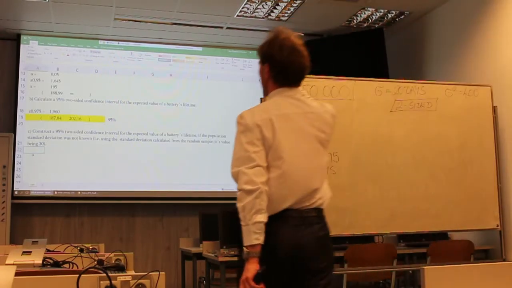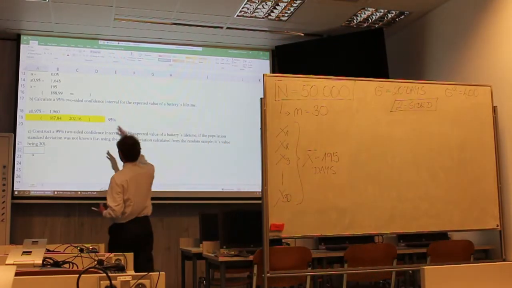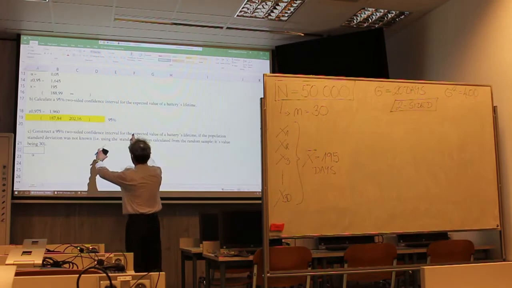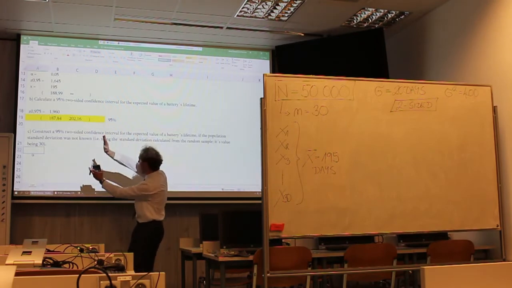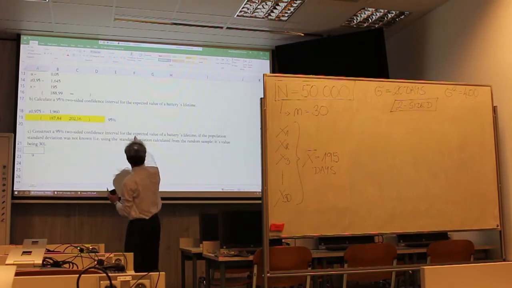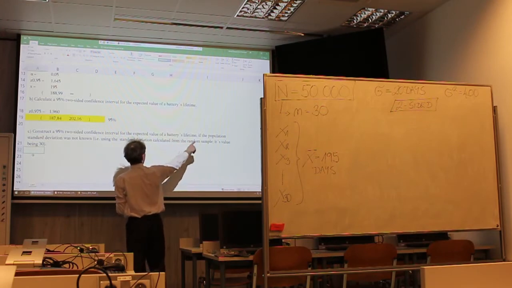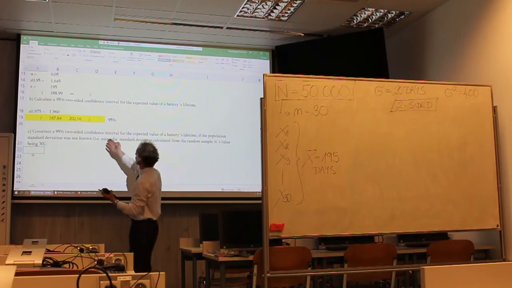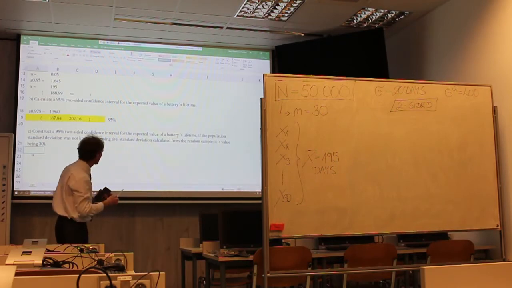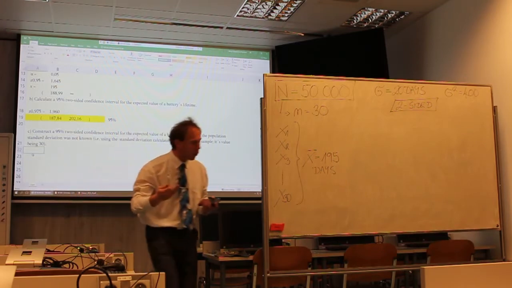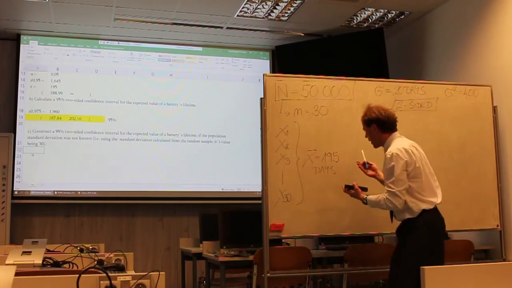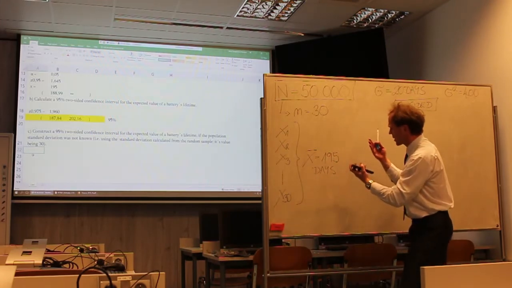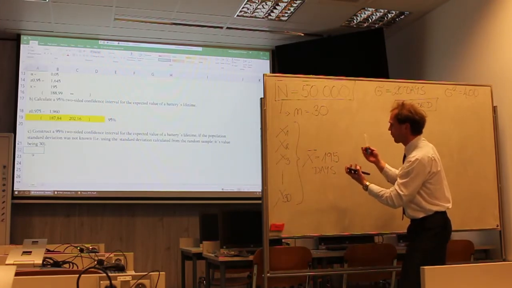We will continue, we'll construct a 95% two-sided confidence interval, lower bound and upper bound, for the expected value of batteries lifetime in the population. Standard deviation wasn't known. It means using the standard deviation calculated from the random sample, its value being 30. We calculated this standard deviation from this sample.